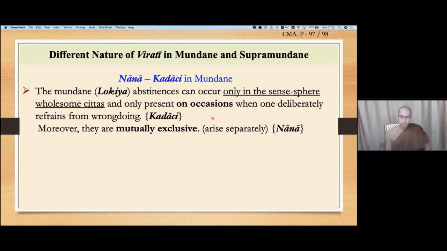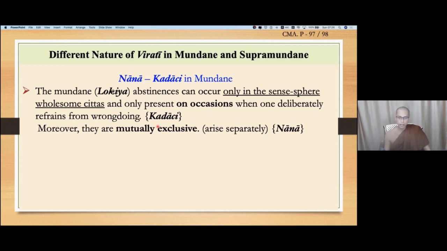Then, when the person abstains from any of the seven wrongdoings related to livelihood, then in the mental process, the same types, the great wholesome consciousness, one of them arises. Then the right livelihood, the mental factor of right livelihood among the three abstinences, will be present, and the other two, right action and right speech, will be absent.